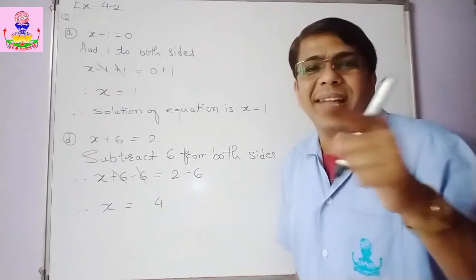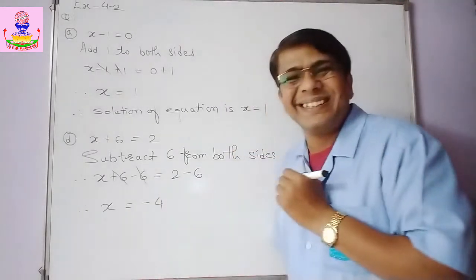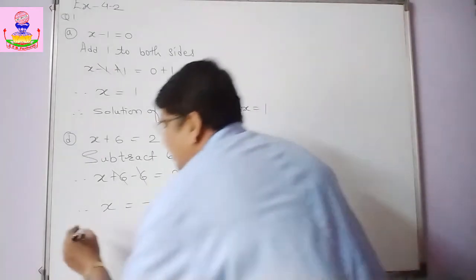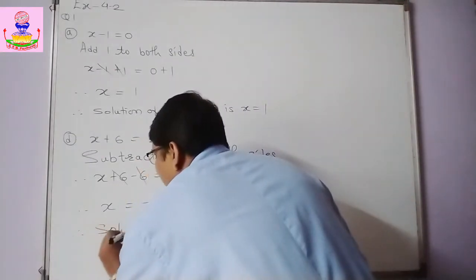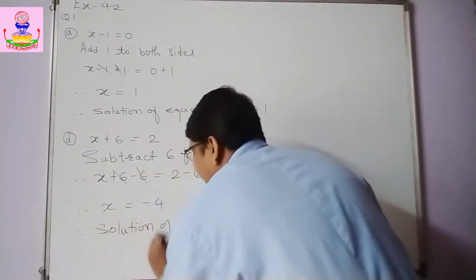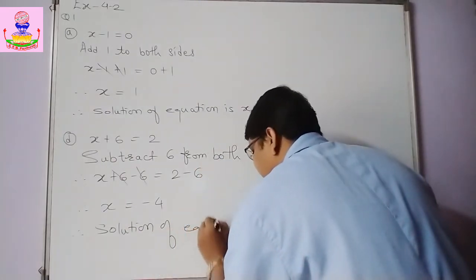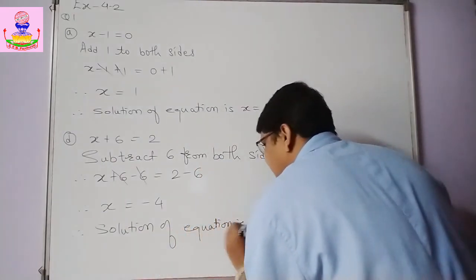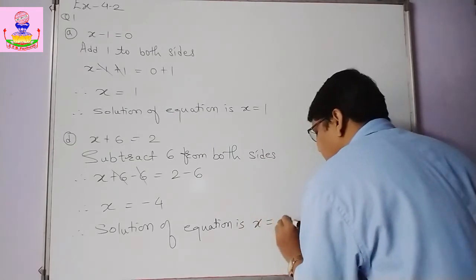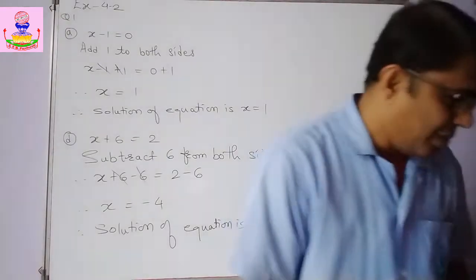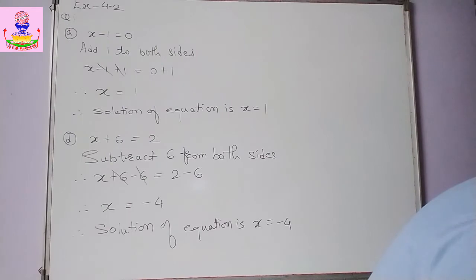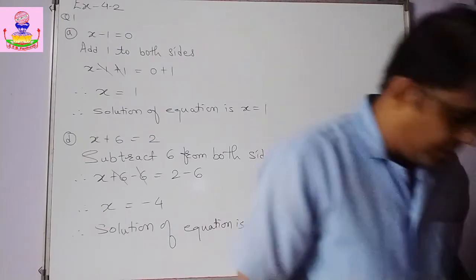What sign has it got? Minus. So x is equal to minus 4. And so the solution of the equation is x is equal to minus 4. Okay, now let's go for one more example.